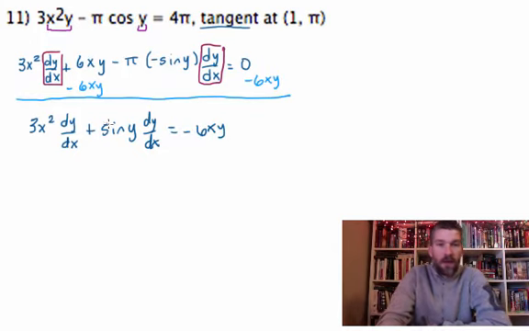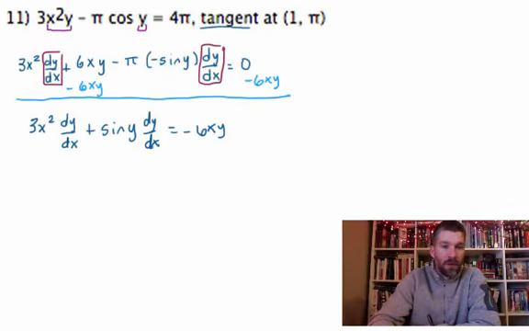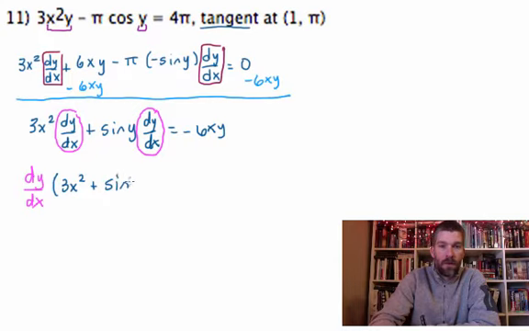And then notice now I've got these dy/dx's right here. So what we're going to do is just factor out the dy/dx. So this guy right here and this guy right here, they can come out into the front, and that gives me dy/dx, and then on the inside still, 3x squared plus sine y.